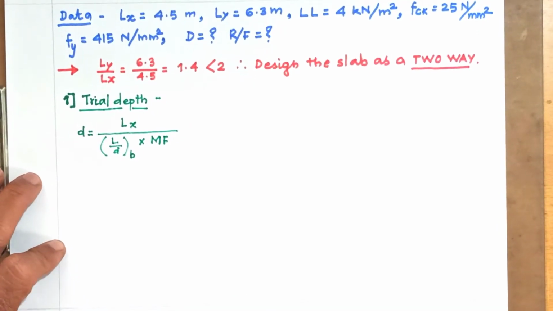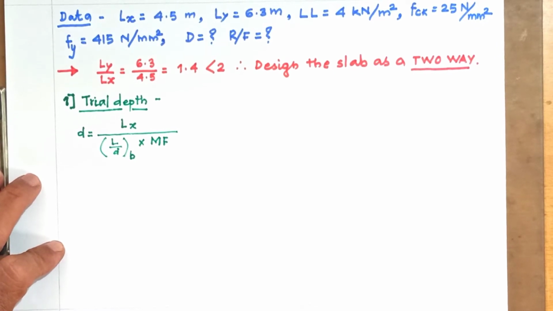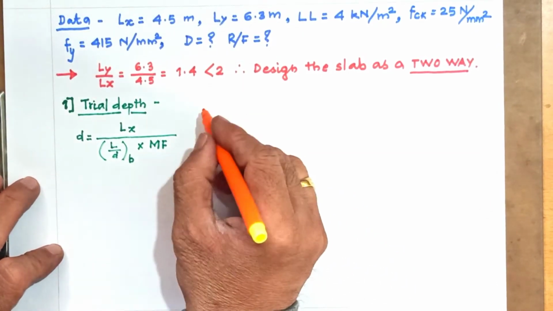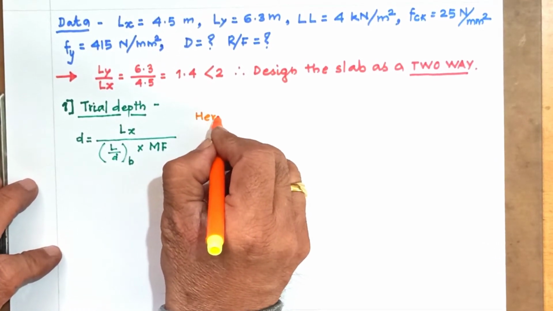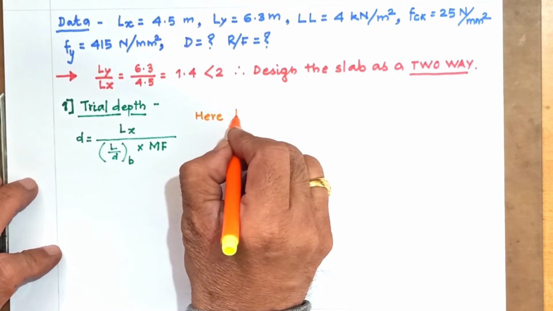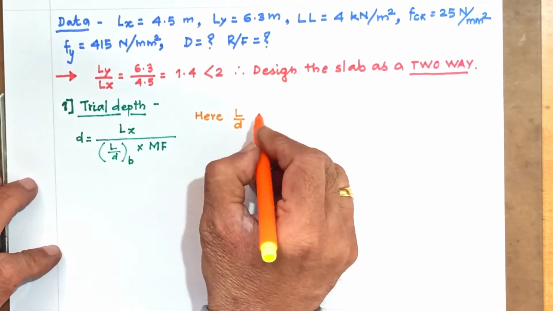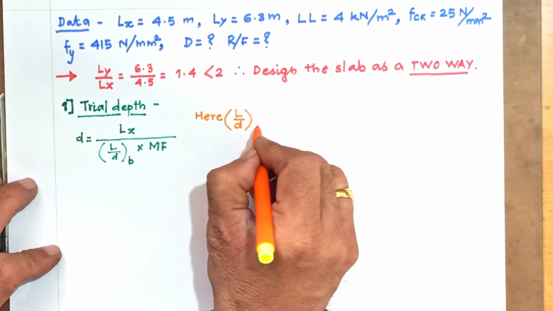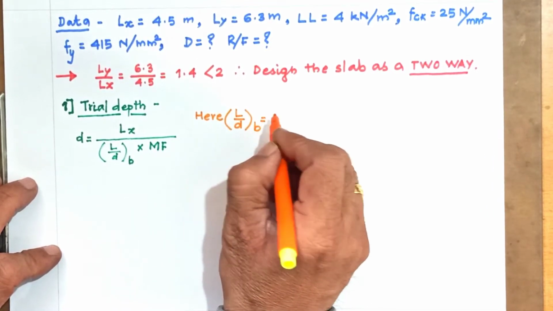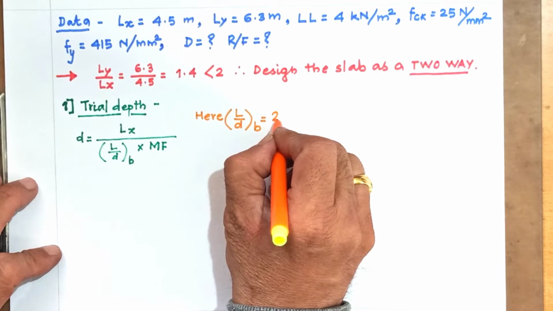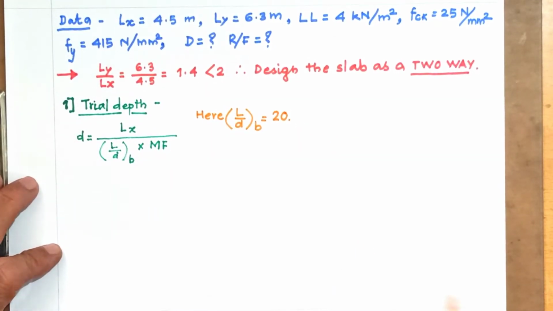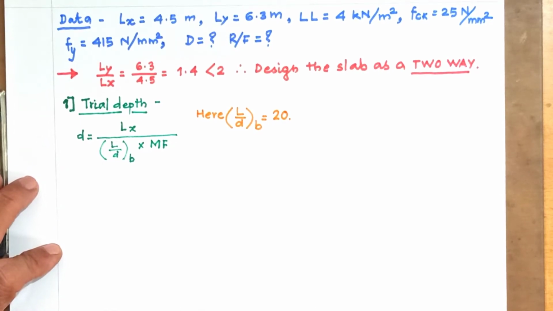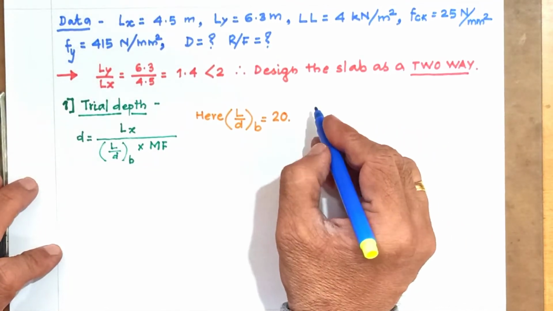Okay? Now we know that in this case L by D basic, as it is simply supported, is 20. Okay? Now you have to please see one thing.